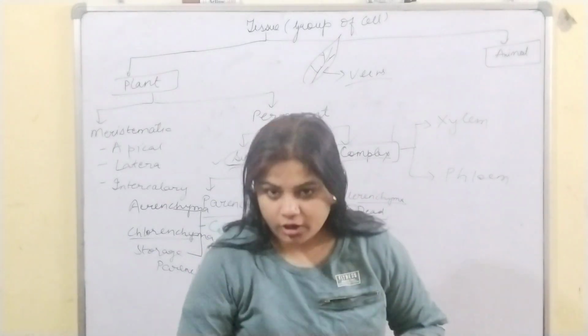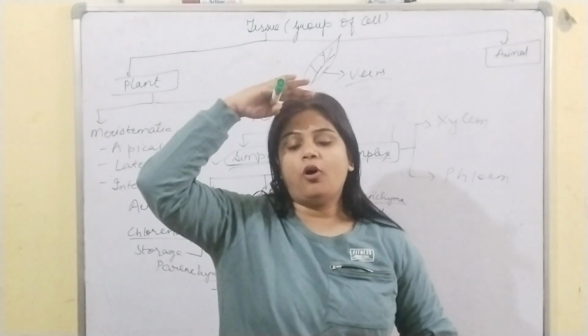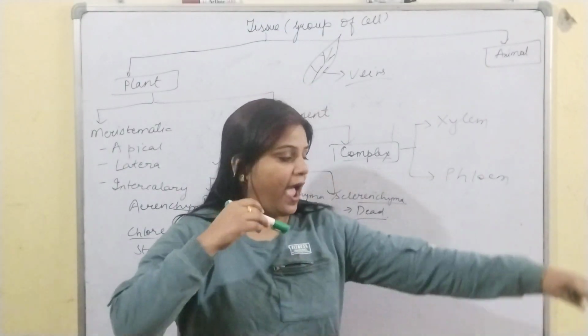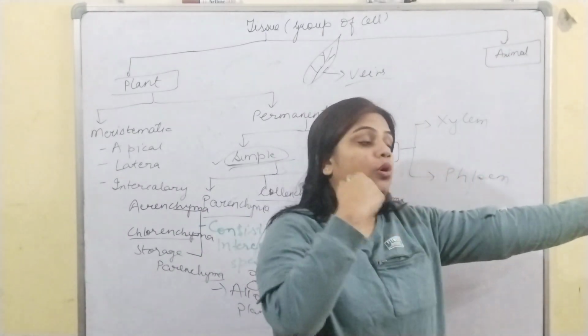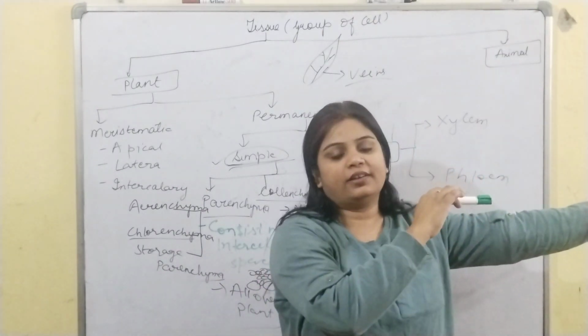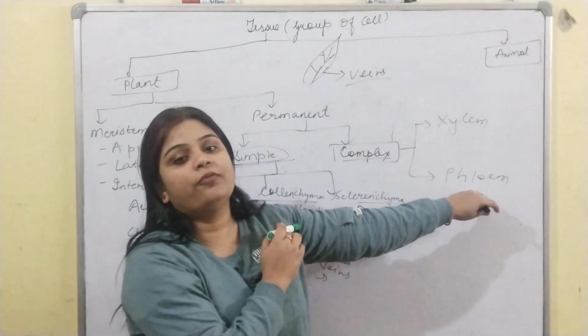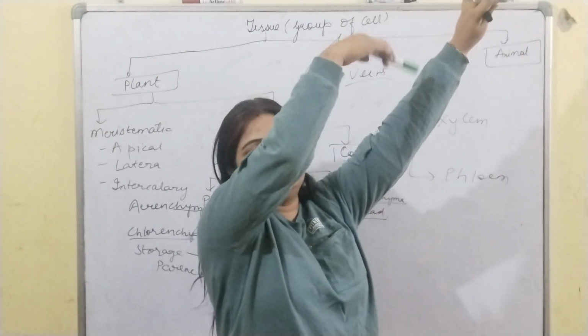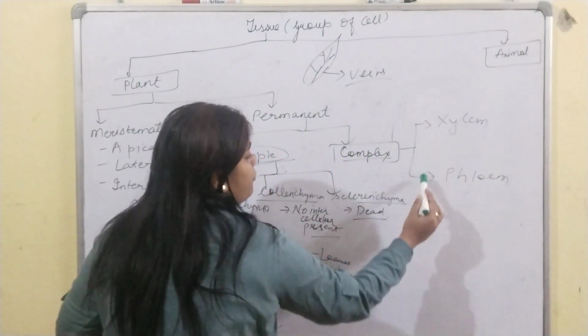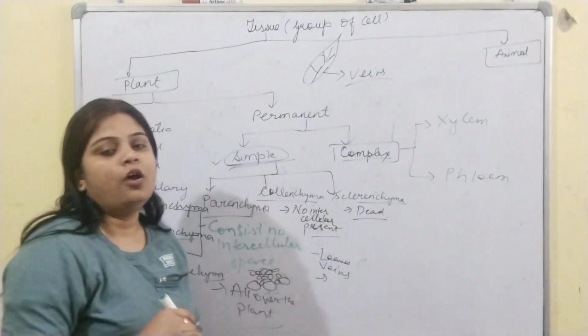So from the root to the tip of the stem, the xylem helps to conduct water and minerals, and these are the leaves. So all the food is being conducted with the help of phloem. Like this is the branch, here is the branch, here. All over, the food is conducted with the help of phloem.